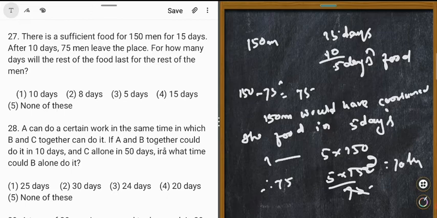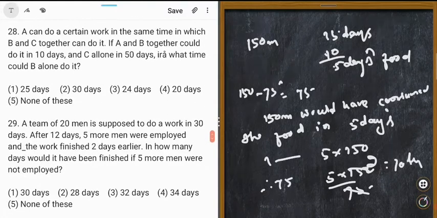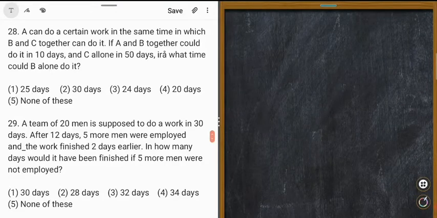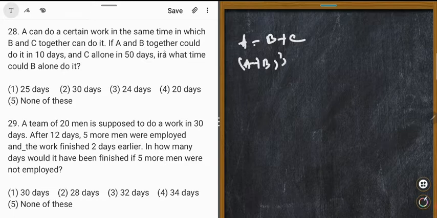Next, number 28. A can do a certain work in the same time in which B and C together do. That means A is equal to B plus C. If A and B together could do it in 10 days, that means A plus B's 1 day's work is equal to 1/10 part.